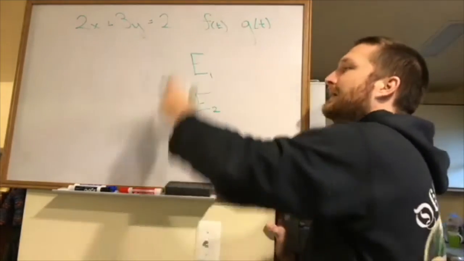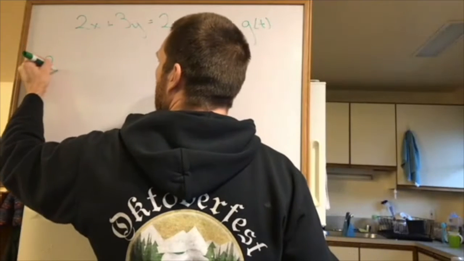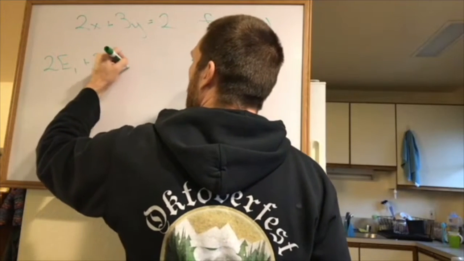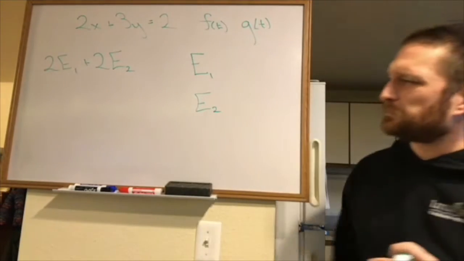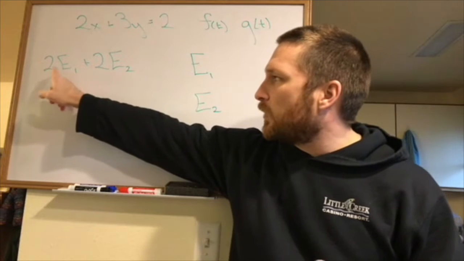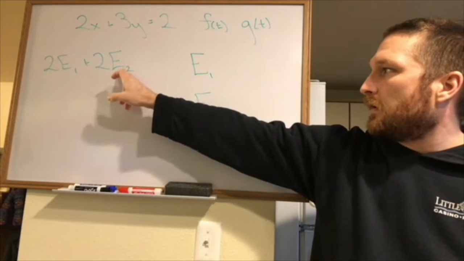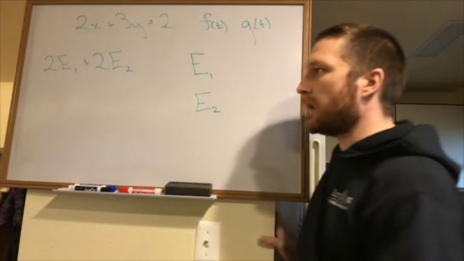And we can make a linear combination of these 2 equations. So 2E1 plus 2E2 would be a linear combination of these 2 equations. Why? Because you are multiplying one of the equations by a constant number, you're multiplying the other one by a constant number, and you're adding them together. That's perfectly fine.